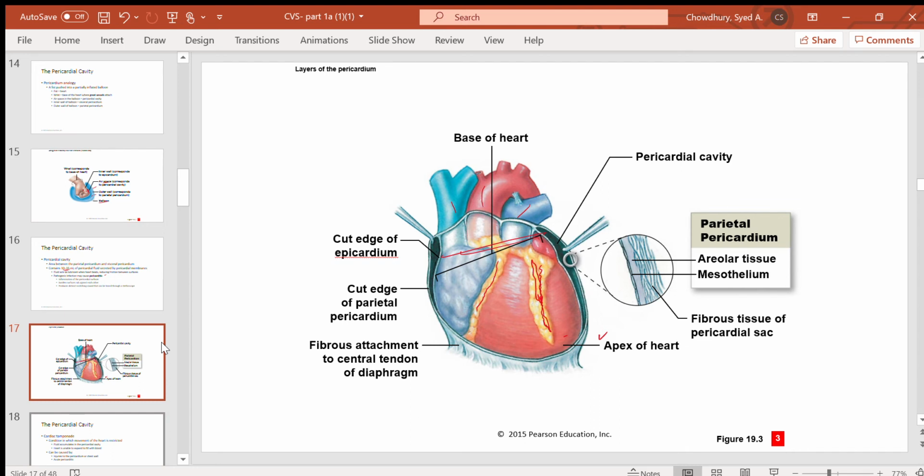You cannot see the groove because it is filled with yellow fat, and also here you have the groove right in the front, but also you have them in the back. So we'll talk about this. And this is the pericardial space, this is the parietal layer, this is the visceral layer. And you remember I mentioned that the bottom of the heart is strongly attached to the diaphragm by fibrous tissue.